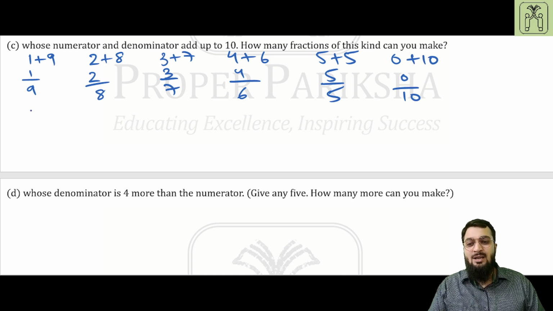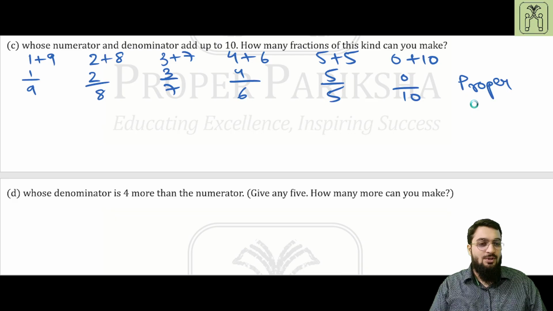1 upon 9 can also be written as 9 upon 1, but since we are to make proper fractions only, this is the set of proper fractions.